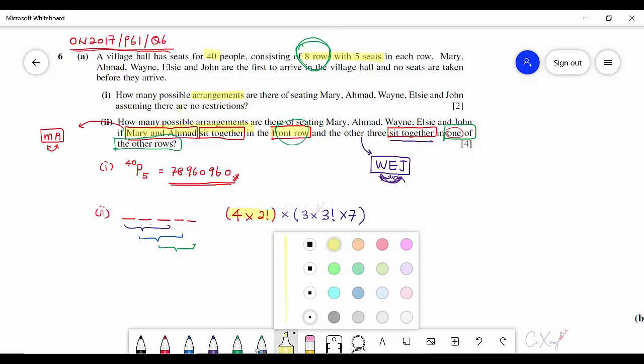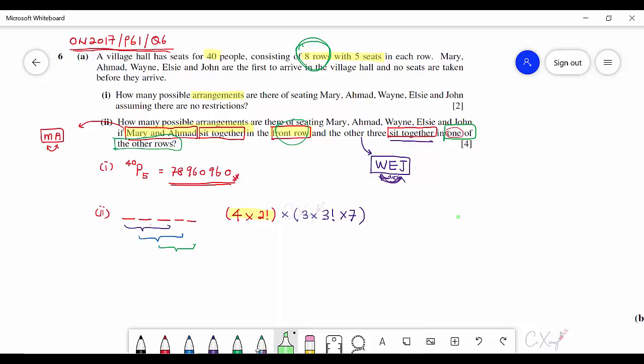So in short, this is for the other 3. Then you have to multiply the permutations together to get the complete case for these 5 friends. If you multiply correctly, you should get 1008 for this part.